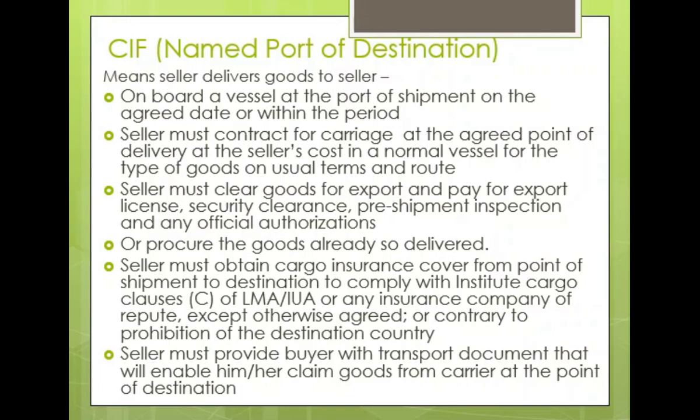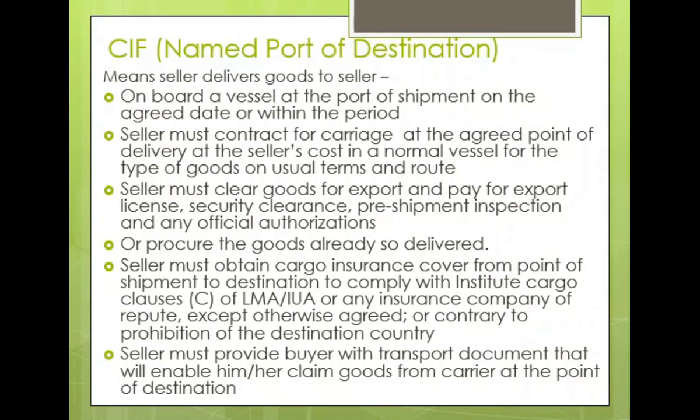CIF, cost, insurance, and freight at named port of destination. CIF means seller delivers goods to buyer on board the vessel at the port of shipment on the agreed date or within the period.